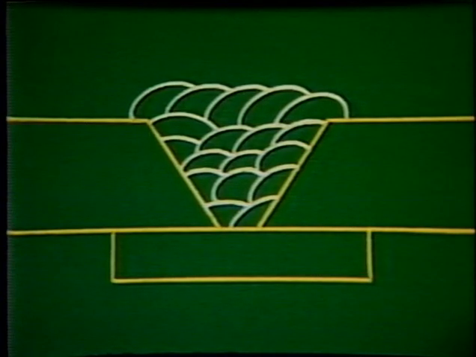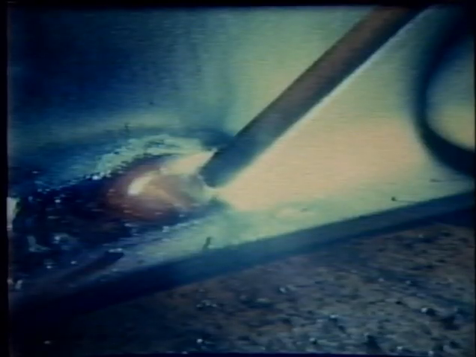If current settings are too high, excess weld metal may also be deposited. Another contributing factor is the use of an electrode or filler metal that is too large for the joint design or base metal thickness. The larger the filler, the more weld metal will be deposited.